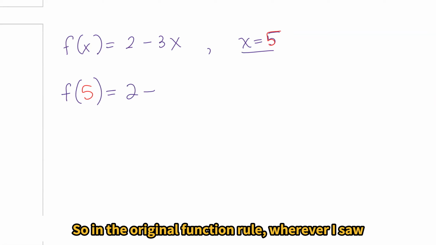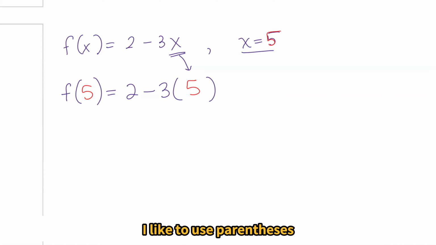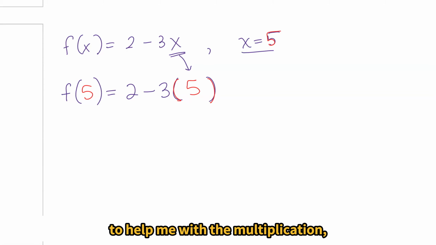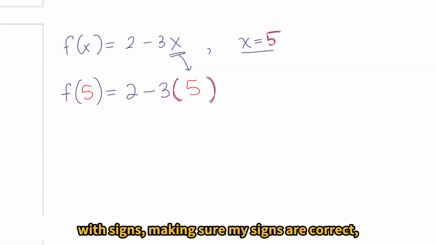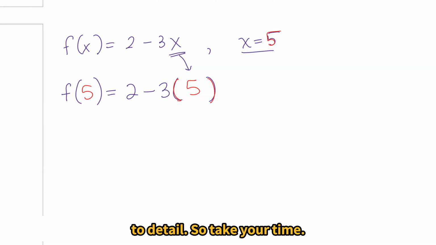So in the original function rule, wherever I saw the x, I'm going to replace that x with a 5. I like to use parentheses because the parentheses, where x used to be, help me with the multiplication and making sure my signs are correct. Remember that mathematics relies on attention to detail. So take your time, make sure you've got all the things in place, try not to rush through it, and pay attention to that detail.